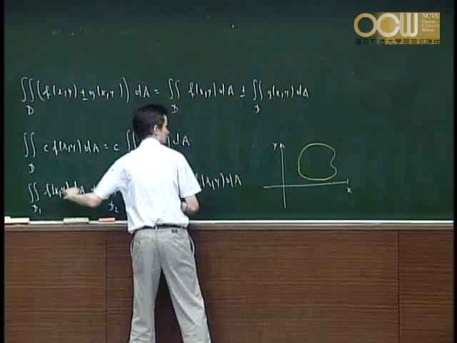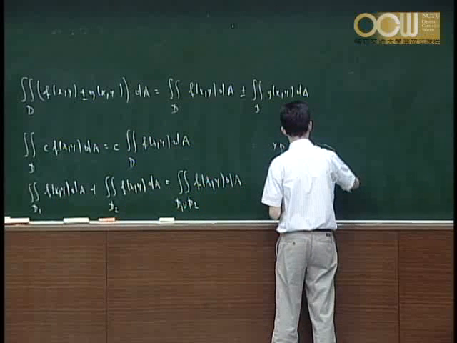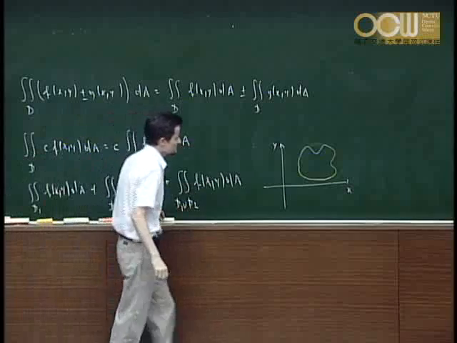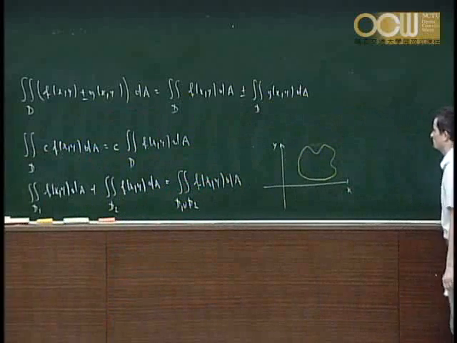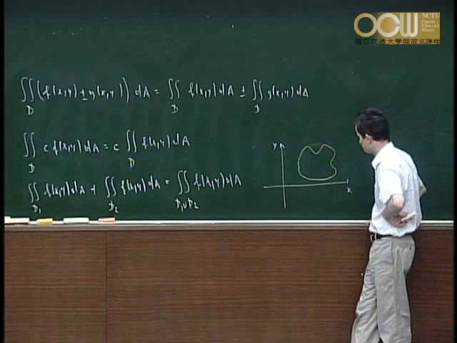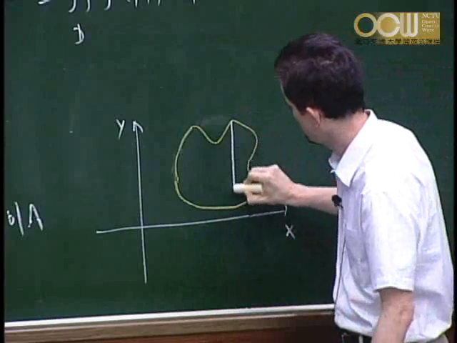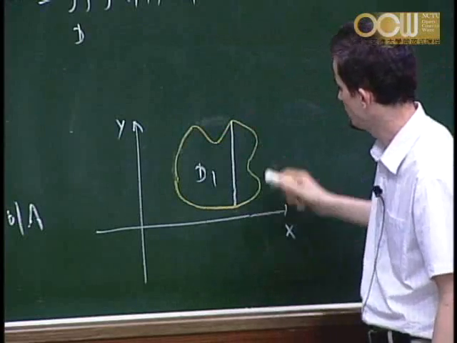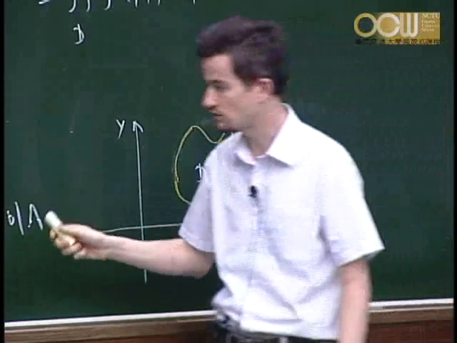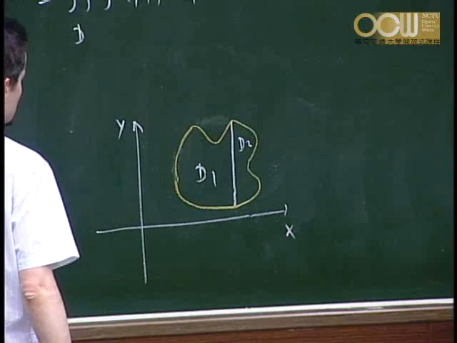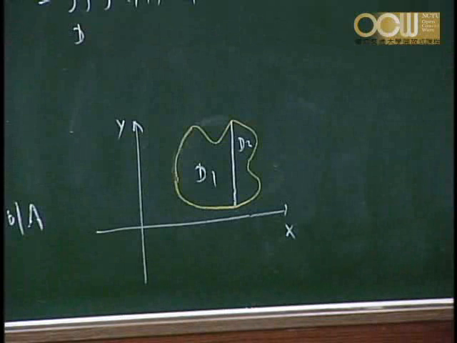So maybe I have to add something different. Now it's not of type 1, and now it's not of type 2 either, but obviously you can divide the region such that, for instance, you go from here to here. Now this is your D1. This is type 1, and the remaining one would be type 2, and you can compute the corresponding double integral by using our results for type 1 and type 2 regions. Type 1 and type 2 regions are the regions we more or less can handle.